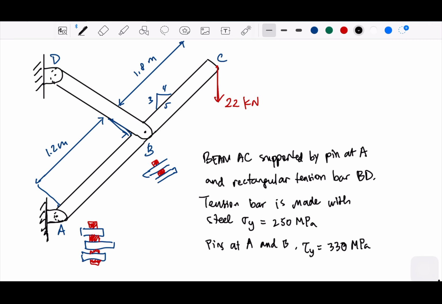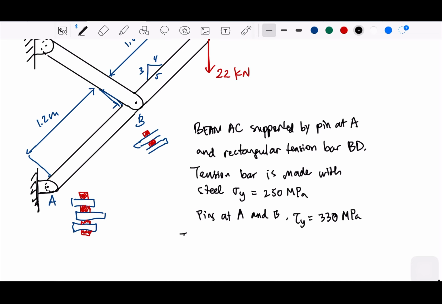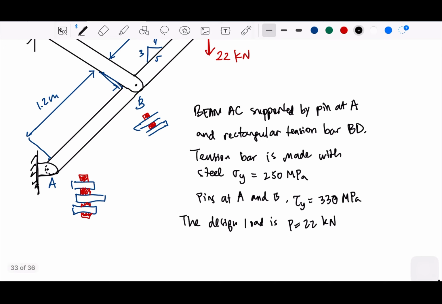So the tension bar is made with a steel that has sigma yield 250 megapascal, and the pins have a shear yield of 330 megapascal. The design load P equals, I think already in the picture, 22 kilonewton. And then the safety factor is 3.